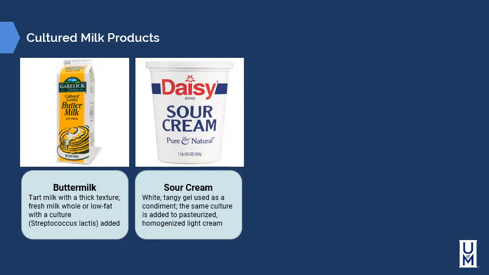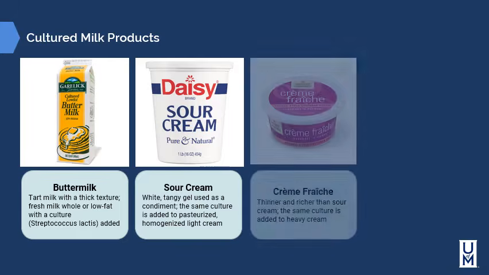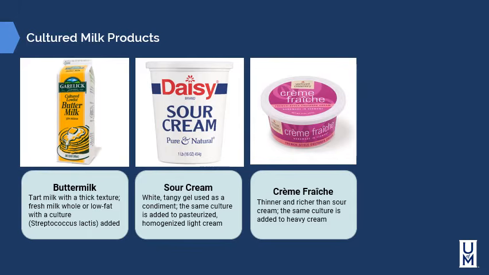Along the same lines is sour cream. It's a white, tangy gel used as a condiment. The same culture is added to pasteurized, homogenized light cream in order to get the sour cream. Creme fraiche is thinner and richer than sour cream, but the same culture is added to heavy cream in order to get this.